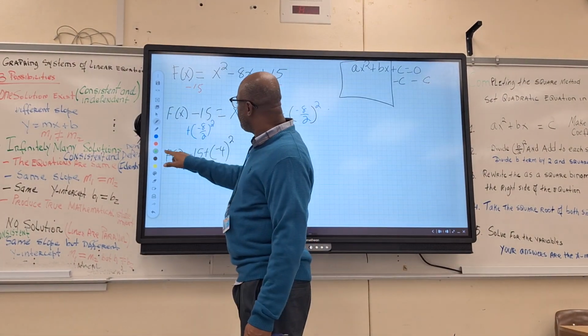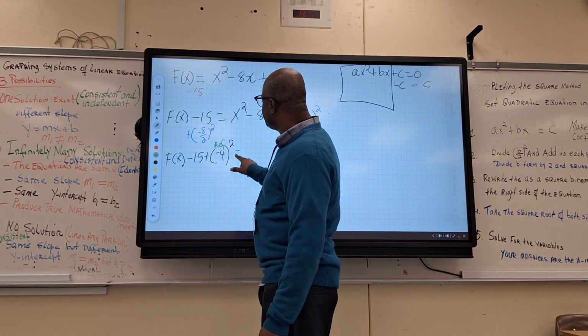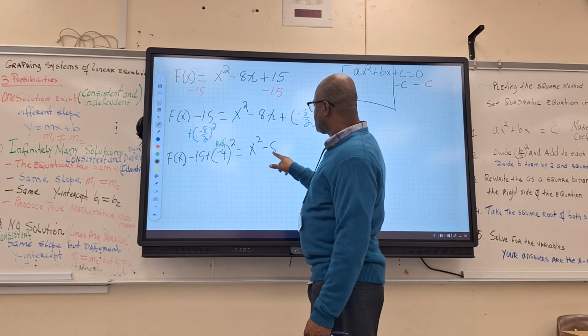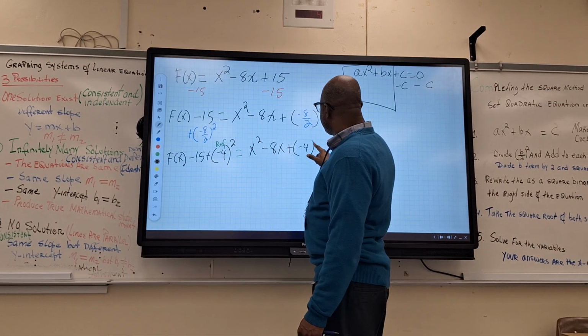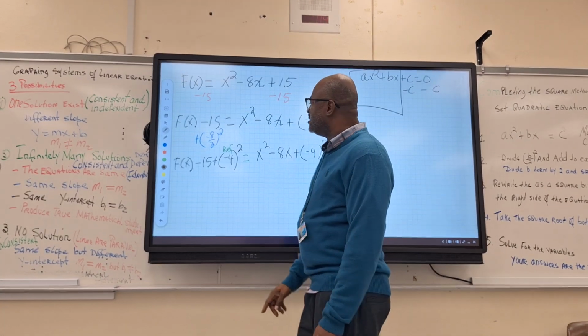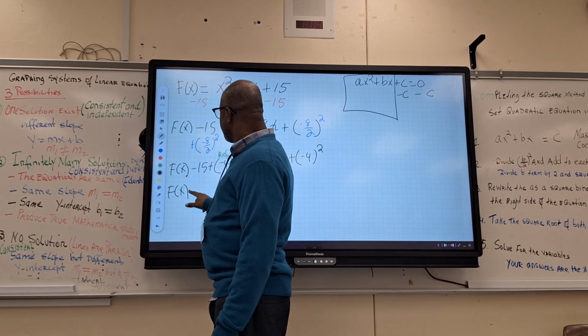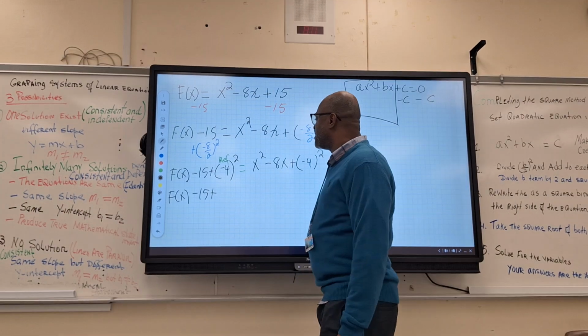And we're going to remember that as a reference. That's negative 4 is equal to x squared minus 8x plus what? Negative 4 squared. So we'll end up with f of x minus 15. What is negative 4 squared?